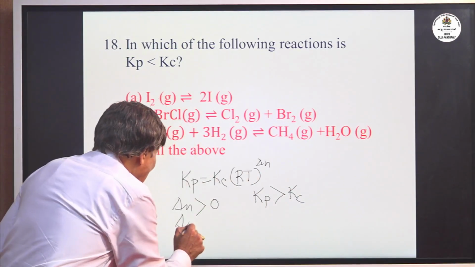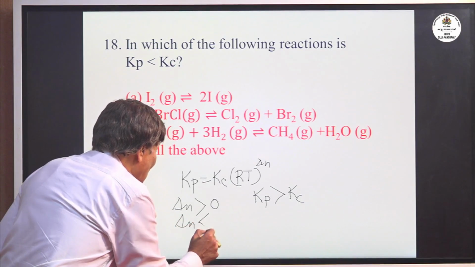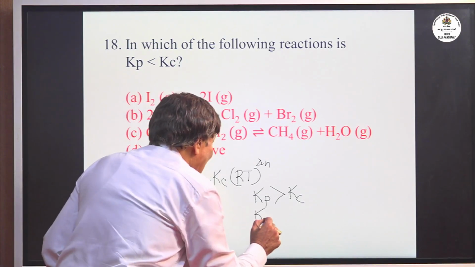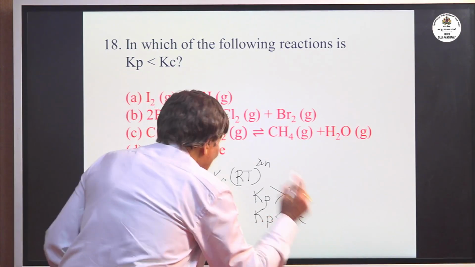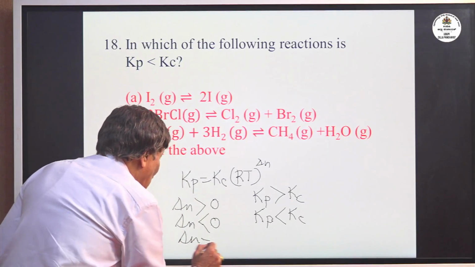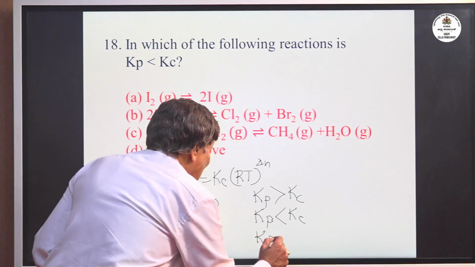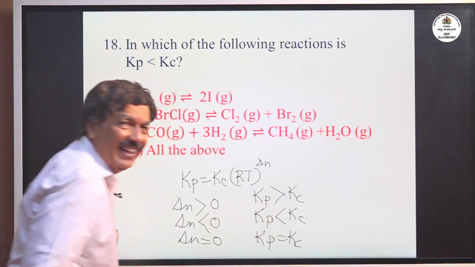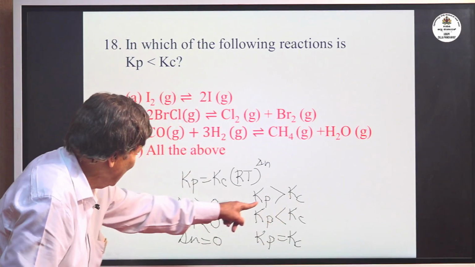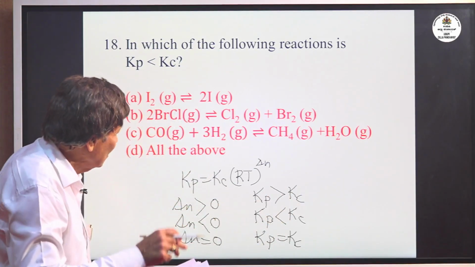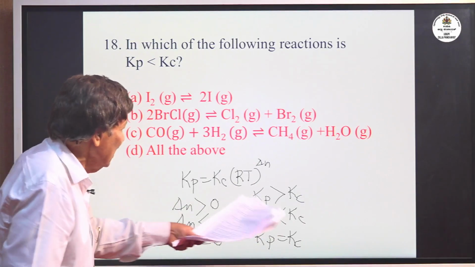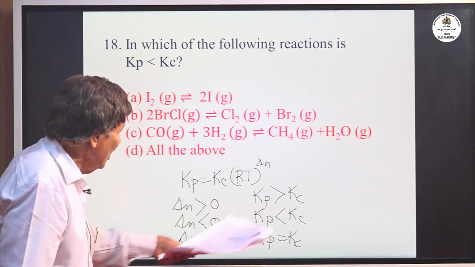If delta n is less than 0, Kp is less than Kc. If delta n is equal to 0, Kp is equal to Kc. Very easy. Same sign continues.